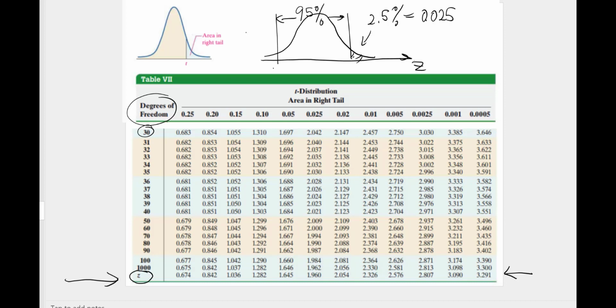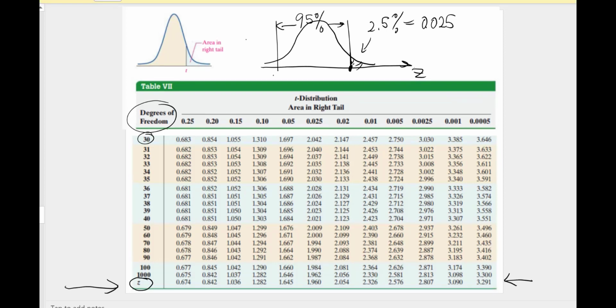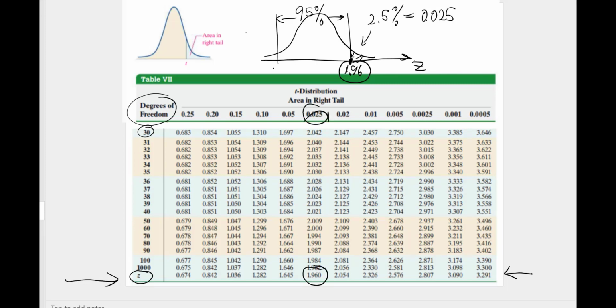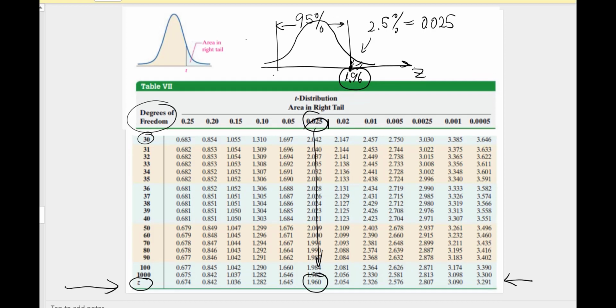And we have studied before that this critical value in the normal distribution is approximately 2 standard deviations, but exactly is 1.96. That is the corresponding critical value in the normal distribution, which is the value that appears here.